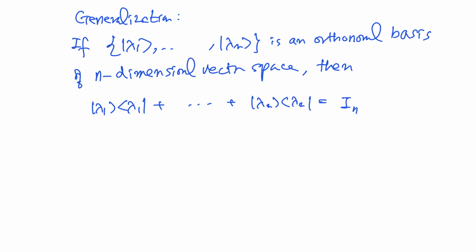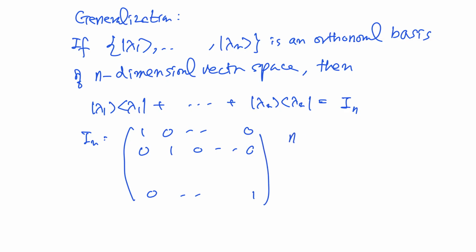Identity: here, I_N is 1, 0, 0, 0, 1, 0, 0, 1, which is n by n. So this is very useful, the mathematical properties of an orthonormal basis that we are going to utilize.